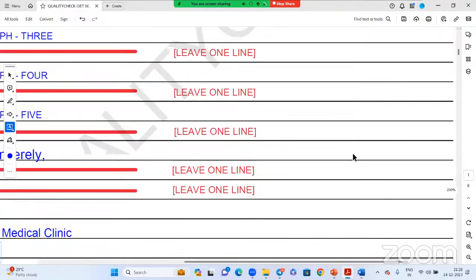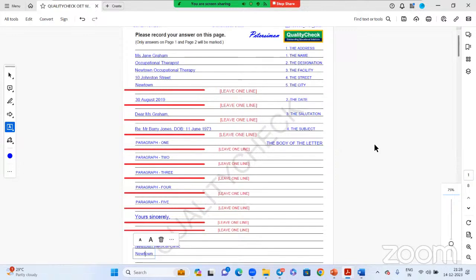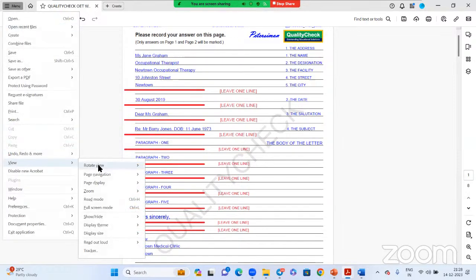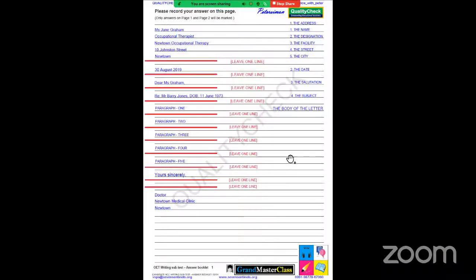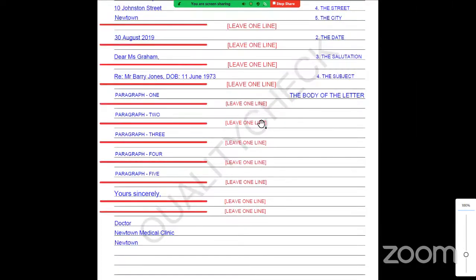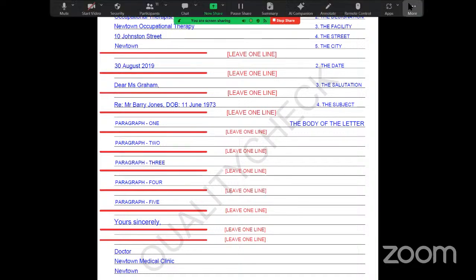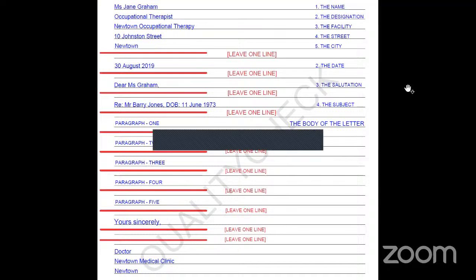So this is the way how your letter looks like. Now you can see everything there. This is how your letter looks like.